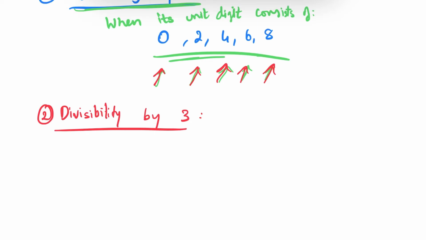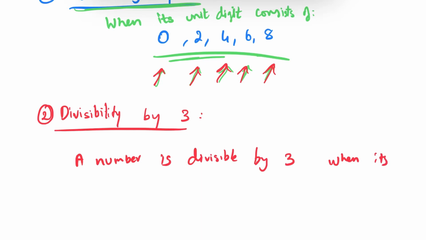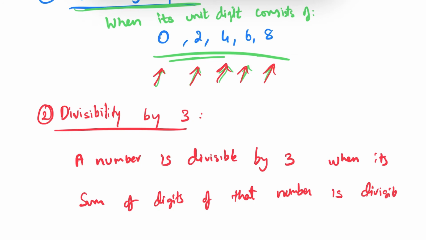Just remember this one: a number is divisible by 3 when its sum of digits of that number is divisible by 3.